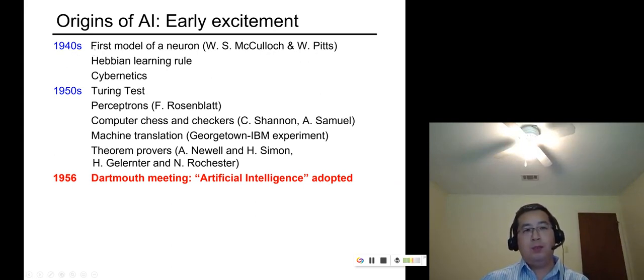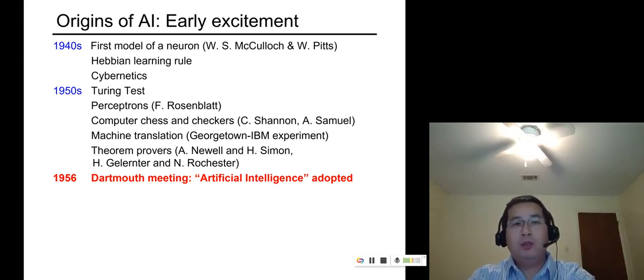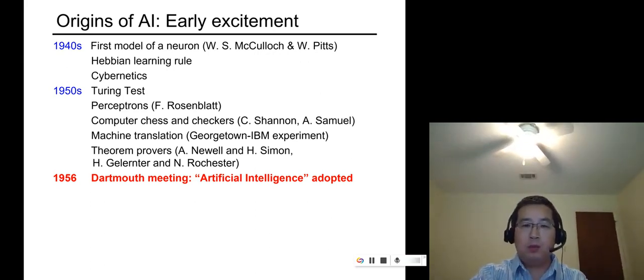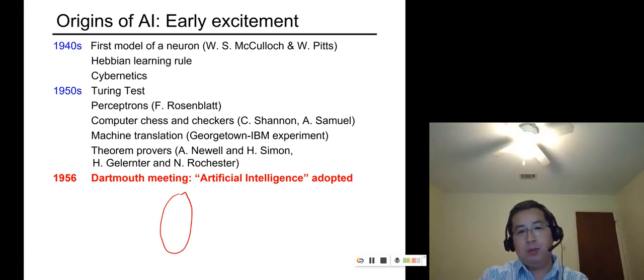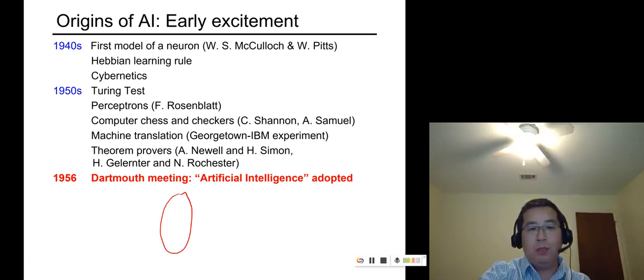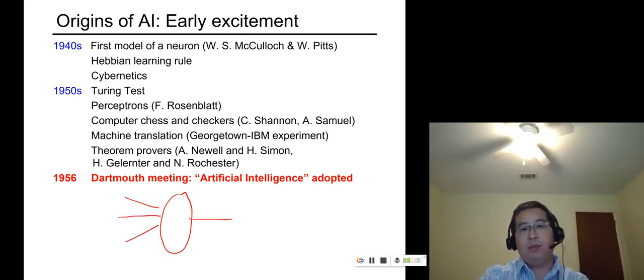In the 1940s, almost during World War II, people wanted to simulate a human brain, so they created neurons. We'll talk about neural networks later. You can think of it as a cell, a neuron. This neuron can receive information and also output information, and in between we have an activation function.